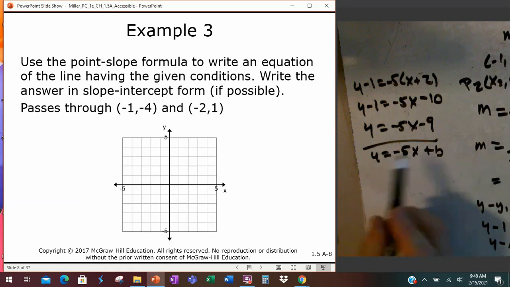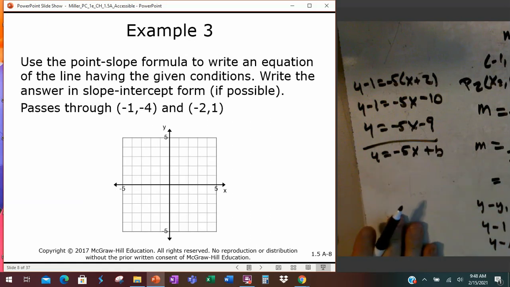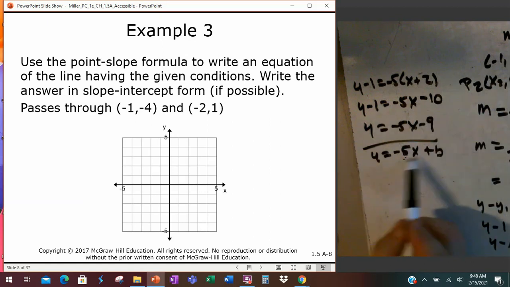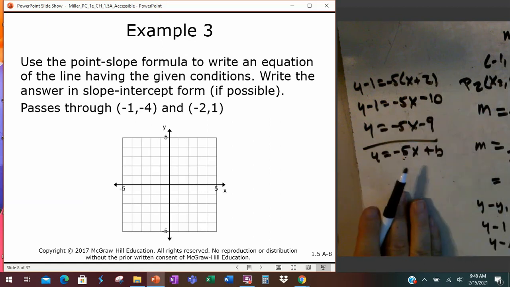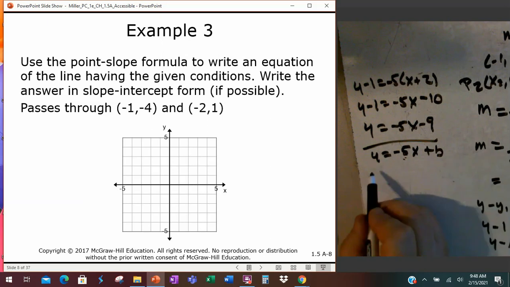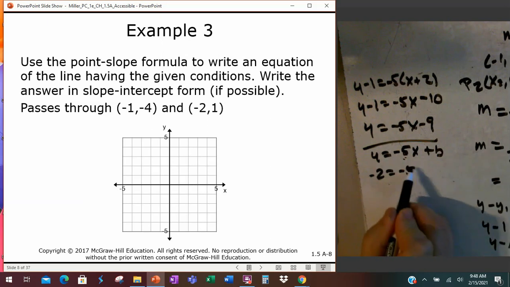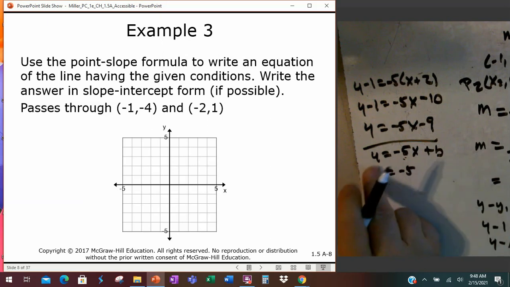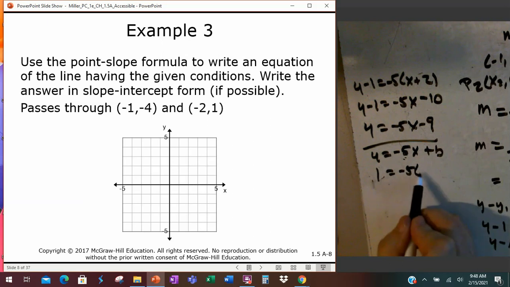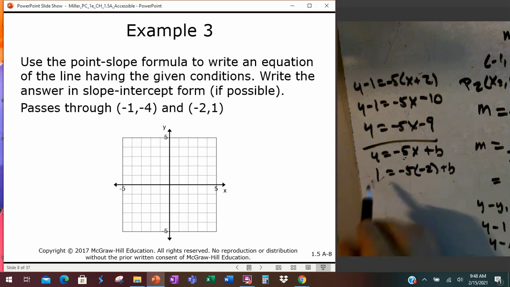So I'm just going to pick a point. Let's pick any point. Okay. Just from here, right? Because I knew the slope. Here's the slope-intercept: 1 is equal to minus 5 times negative 2 plus b.